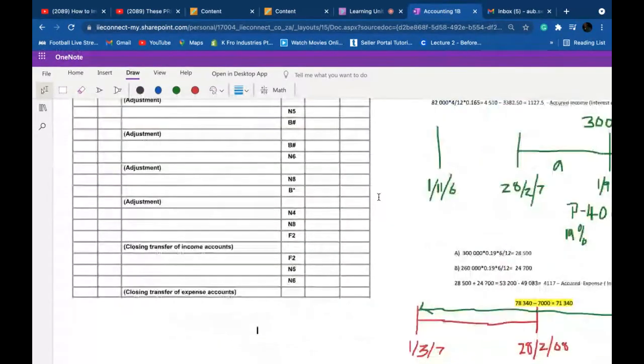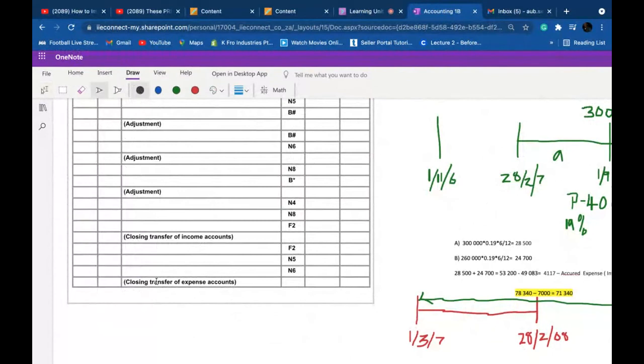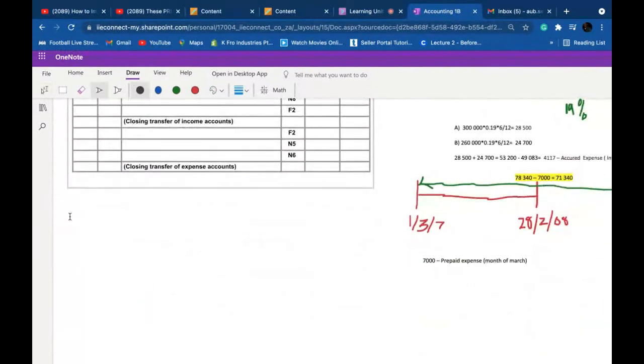Let's use black. So when did the tenant come into the building? 1 December, 1/12, 2007. And we're interested in, again, February.